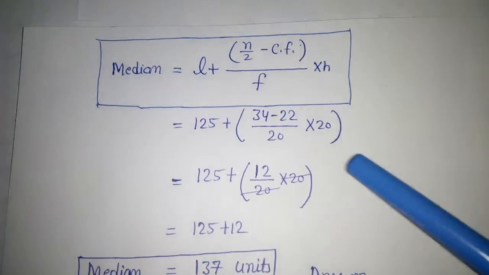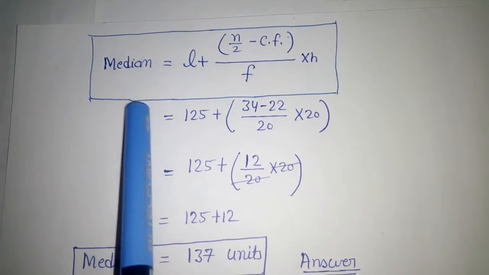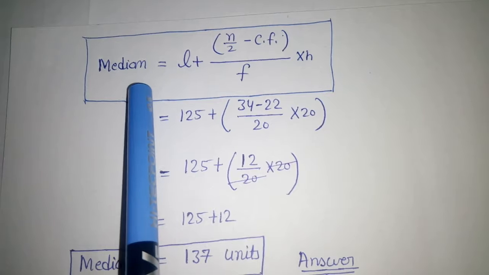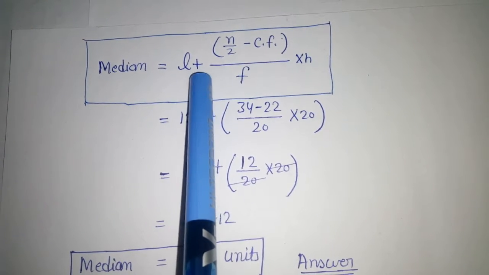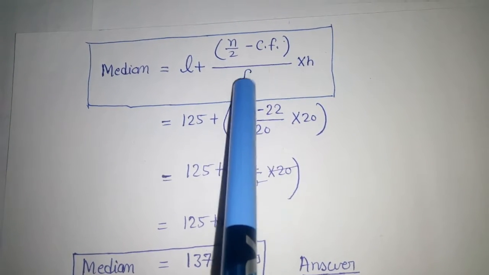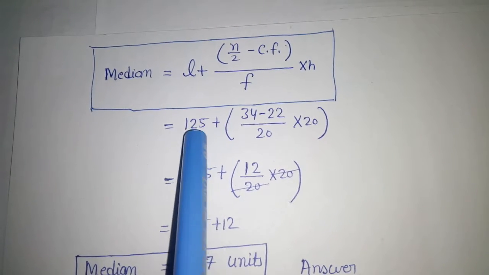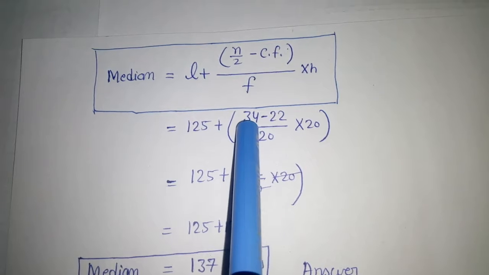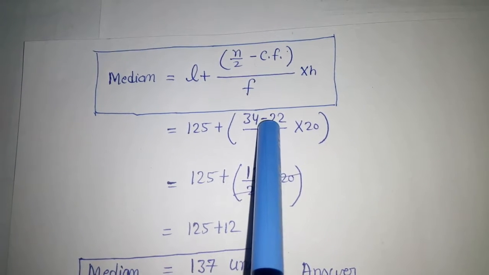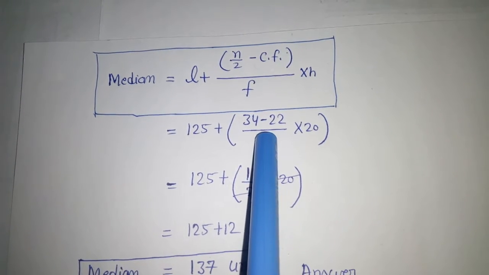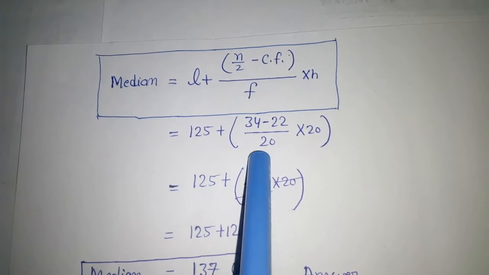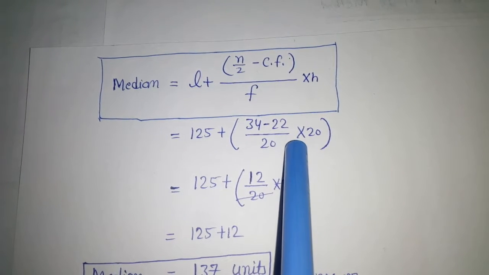Now we place all the values in this formula. Median is equal to L plus (N upon 2 minus CF) upon F, multiplied by H. So 125 plus (34 minus 22) upon 20, multiplied by 20.